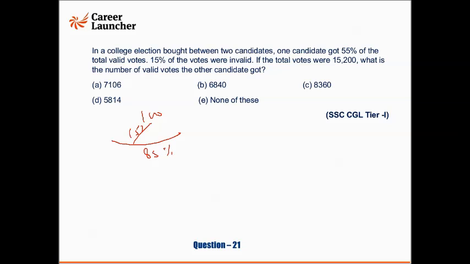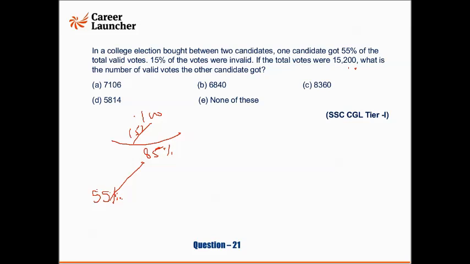Now one candidate got 55% of the total valid votes, right? He got 55% of the total valid votes. If the total votes were 15,200, so what is the number of valid votes the other candidate got?